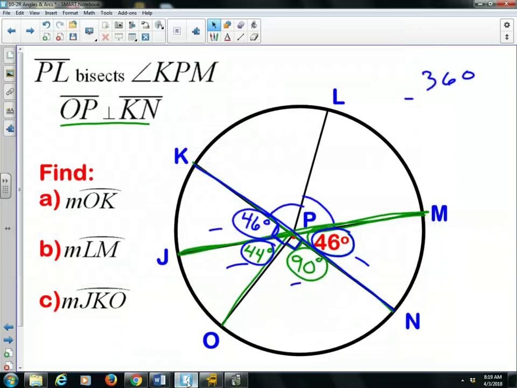There's 134 degrees left from here to here. And if these two angles have to be congruent to each other, because PL is a bisector, we could just divide that by 2, and then we get our remaining two angles.